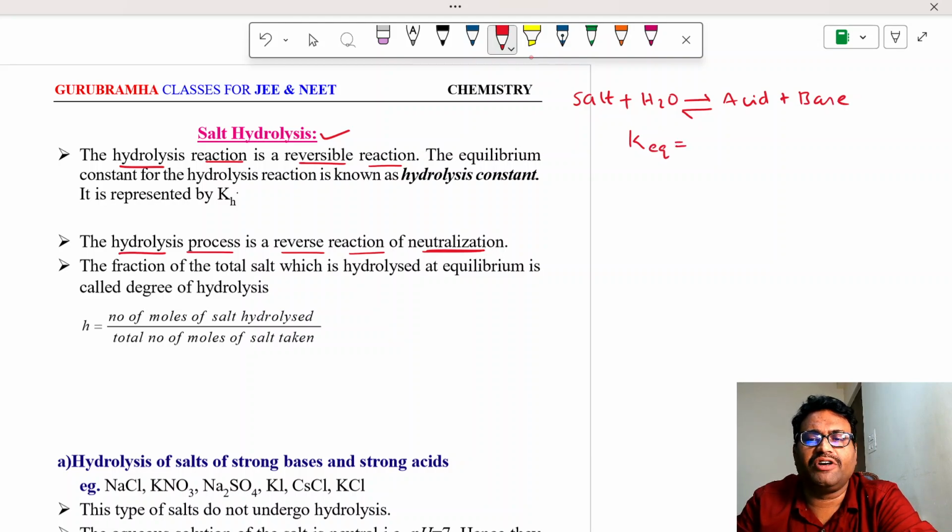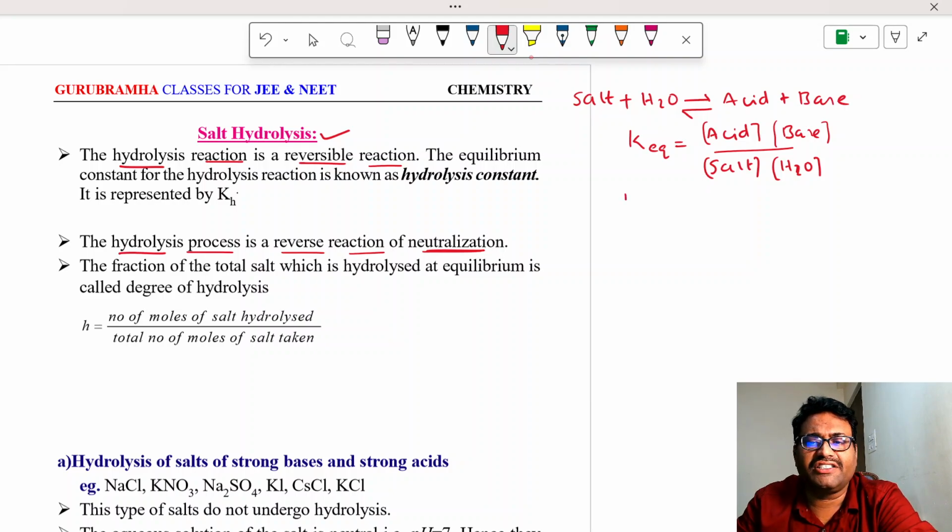Equilibrium constant is equal to acid concentration into base concentration by, what do we write? Salt concentration into H2O concentration. And we know that the concentration of water is 55.56 molar, which is very high, and during this reaction the concentration of water does not change.